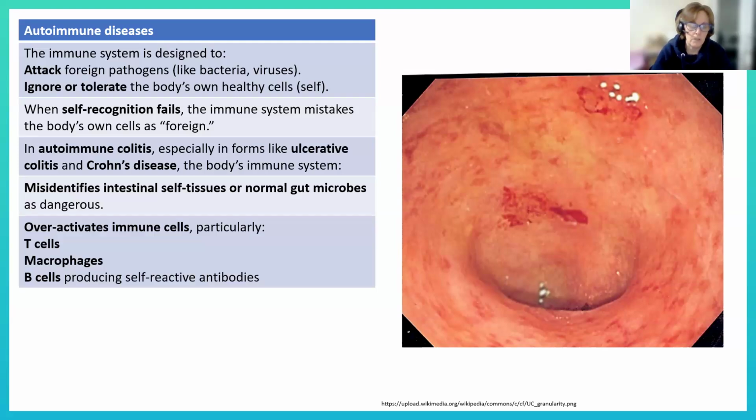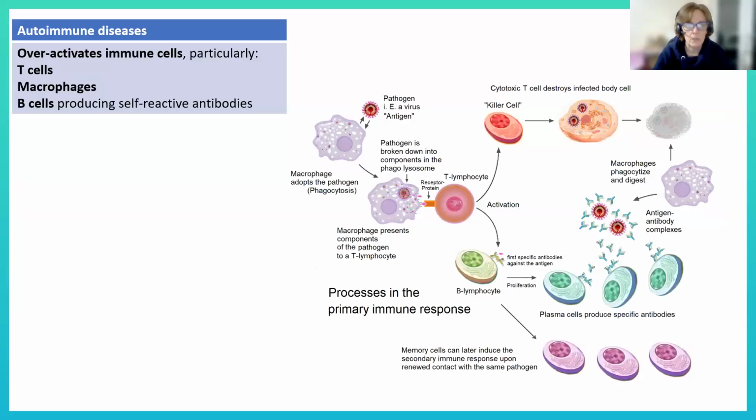So the immune cells that get overactivated in this process are particularly T cells, macrophages, and B cells. I haven't talked to you about B cells yet, more about them in future units. So these are the T cells, the ones that we're presenting the antigen to.